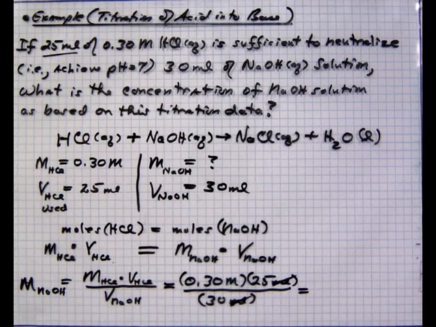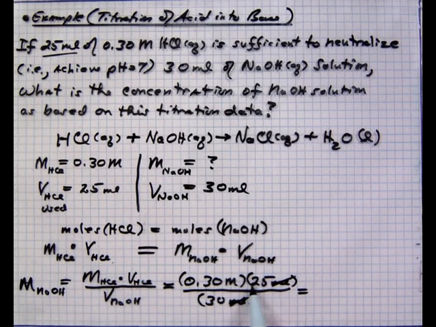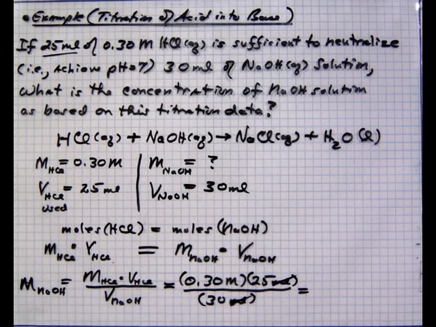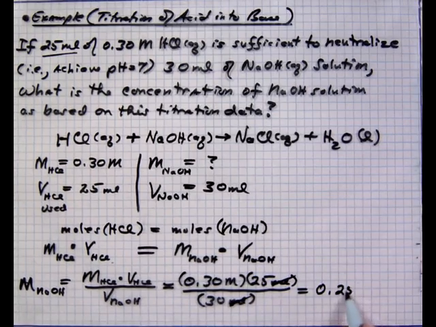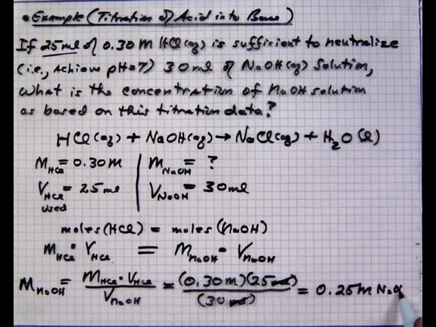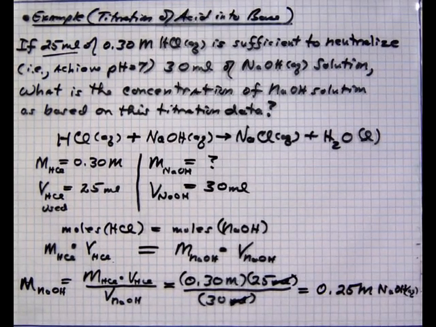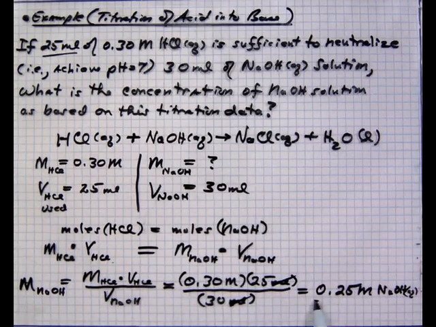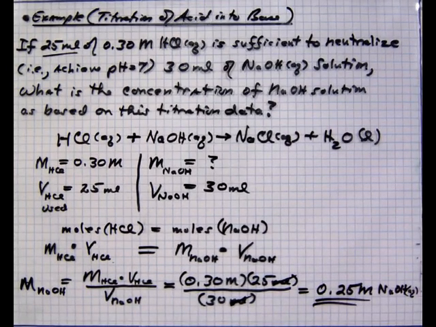Whether you convert it to liters or leave it in milliliters, it's still going to cancel out and give you the same number in the ratio. 0.025 divided by 0.030 still gives you the same number. And the outcome of this is 0.25 molar sodium hydroxide solution, aqueous. And so that is the answer to the titration problem.